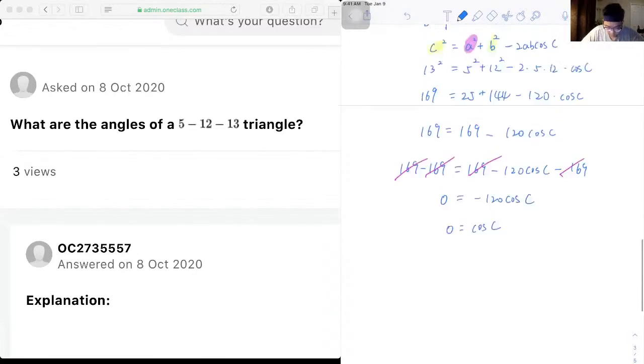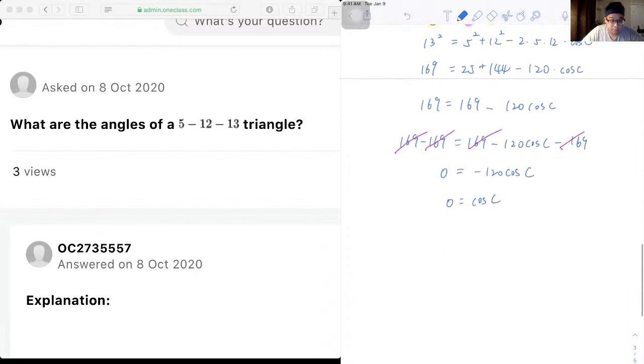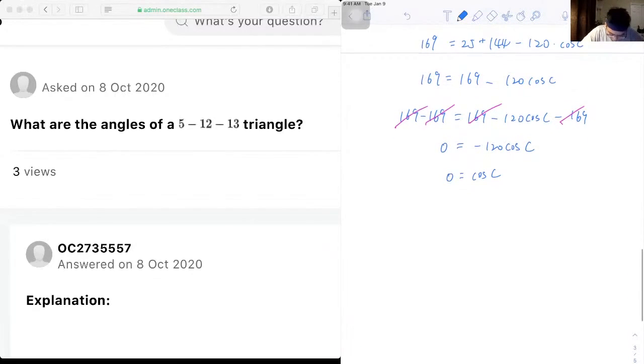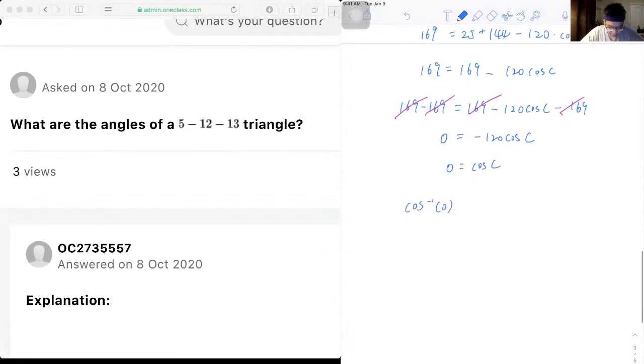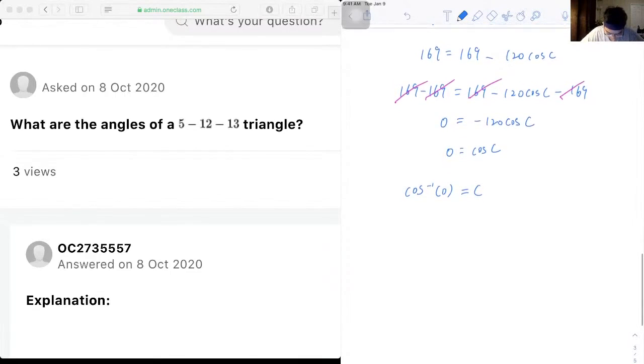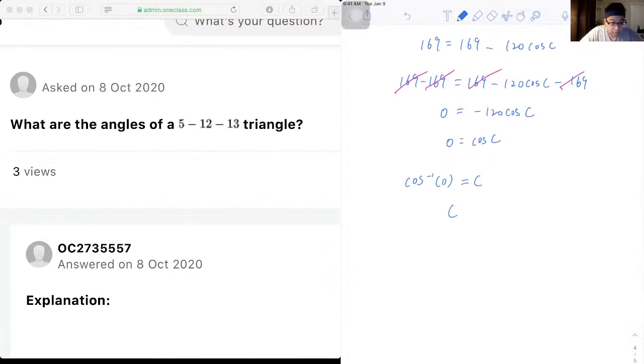Okay, and taking the inverse cosine of both sides of the equation, we have cosine inverse of 0 is equal to C. So C is just equal to 90 degrees.